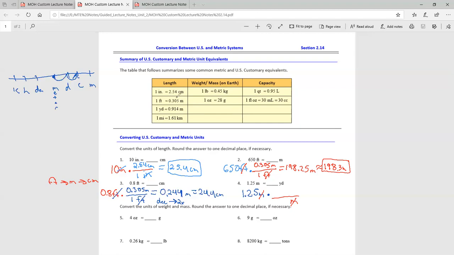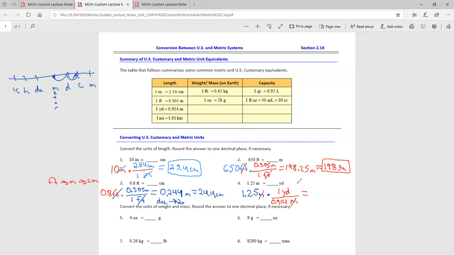So it was meters to yards, so it was 0.914 meters is 1 yard. Now, because the 0.914 is in the bottom, that means we're going to be dividing. So we take our 1.25 and divide it by 0.914.